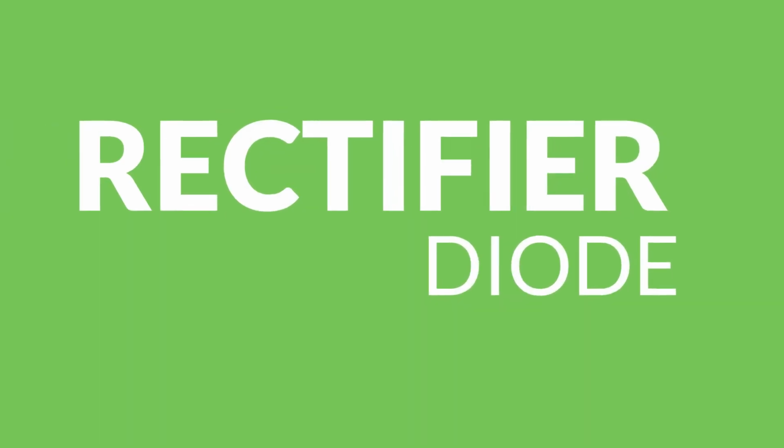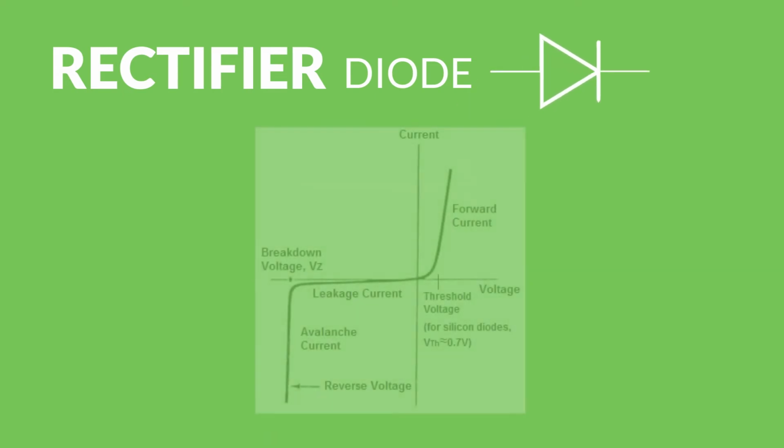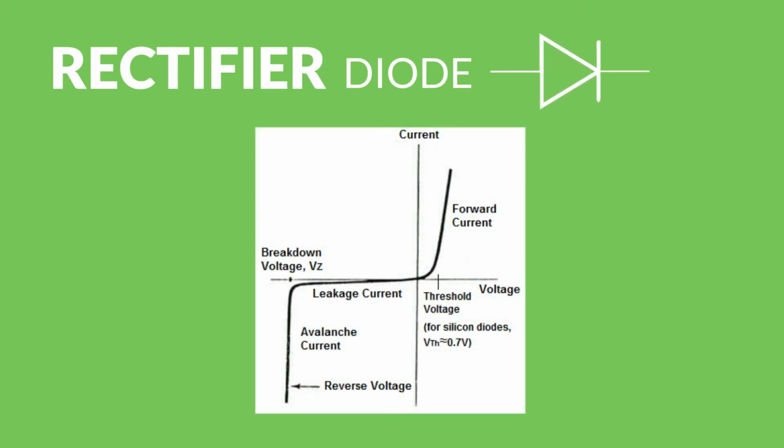Rectifier diode. This diode is the basic concept of diode, only allowing current from anode to cathode. This IV characteristic of the diode shows that to get large forward current, we should apply voltage more than the threshold voltage.